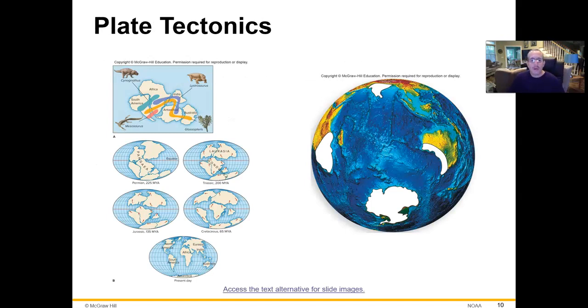One way that we can determine that, and they started studying that back in those days, was, first of all, like I said, you can kind of piece the continents together as the maps down below, the globes, show.